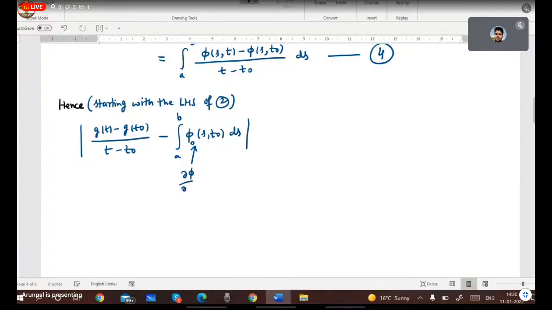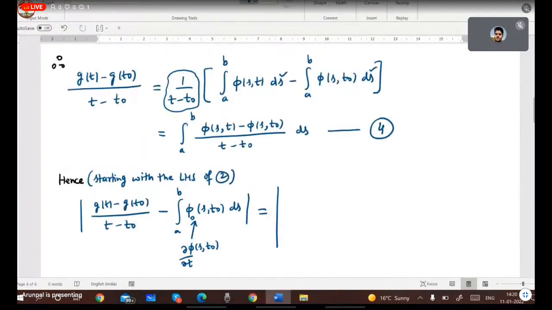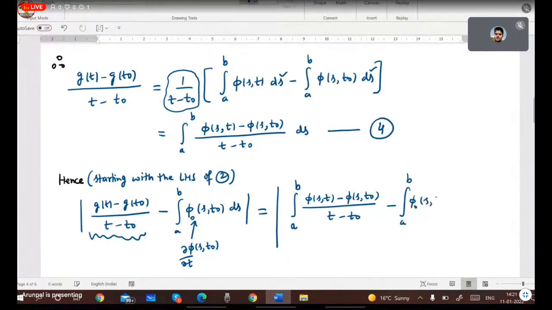Del phi by del t at s comma t naught. Is this okay, class? So this is equal to, now you use 4. From 4 we can put the value of this expression. So it is integral a to b of phi of s comma t minus phi of s comma t naught divided by t minus t naught, minus integral a to b of phi naught of s comma t naught ds. Is this okay, class? We have used 4.